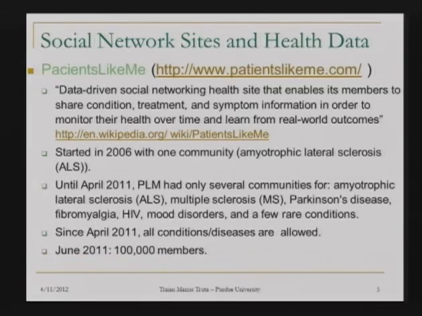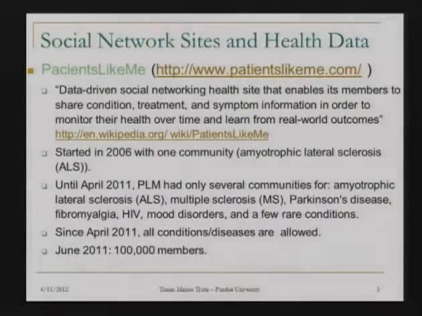Unfortunately, his brother died 1 year after the site was launched. But the community today, it's a very strong community. And in the next few years or so, other communities were created using the same model, which are mentioned here. And since April 2011, all conditions, diseases were allowed. All types of cancers and so forth.